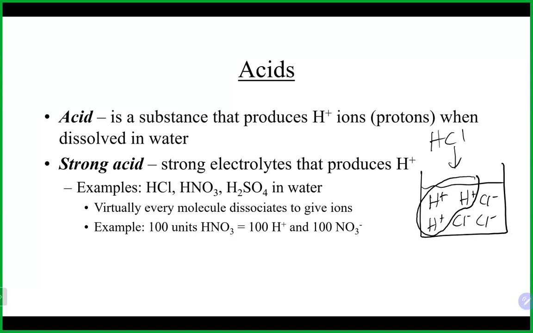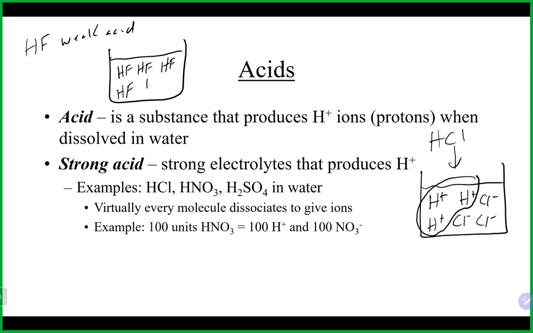And that is different than if you took something like HF, which is a weak acid, and you pop that in there. When you throw that into your solution, you're going to mainly have the HF guys still together. It will produce a little bit of ions, but it's going to actually stay together. And that's why when we get to, for example, the total ionic equation, because it mainly stays together in solution, we don't break it apart into ions.